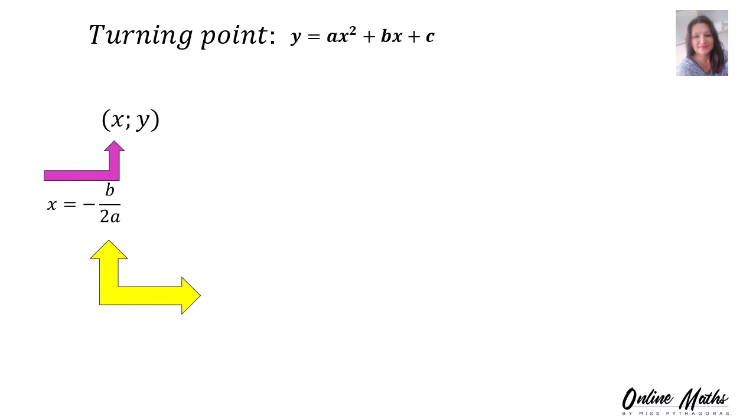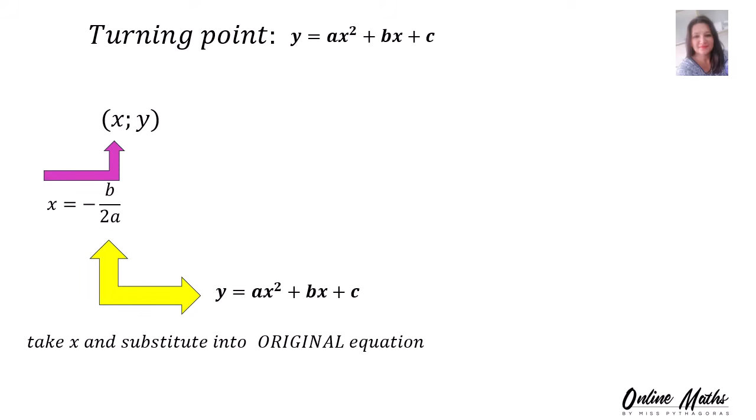And then once you have your answer, that x is the x coordinate, and you take that very same x and substitute it into the original function, and then you get the corresponding y coordinate of the turning point. We say you take the x and substitute into the original equation.